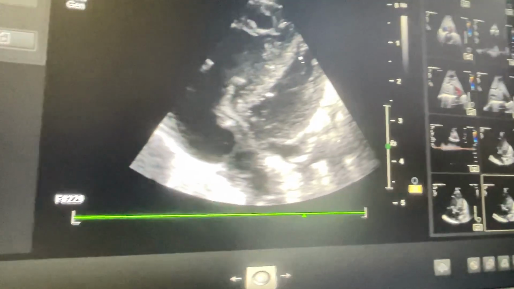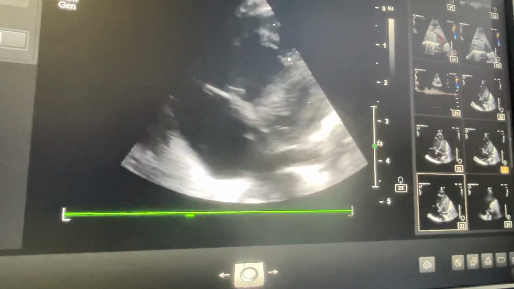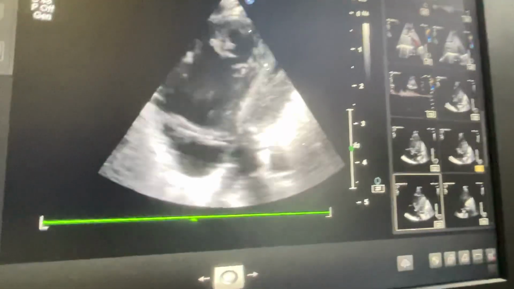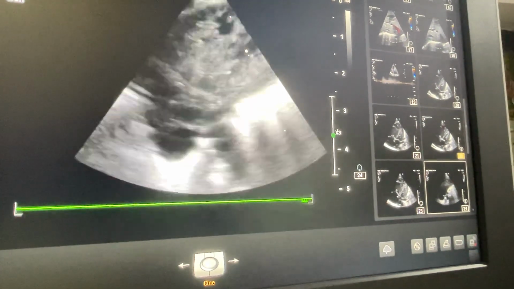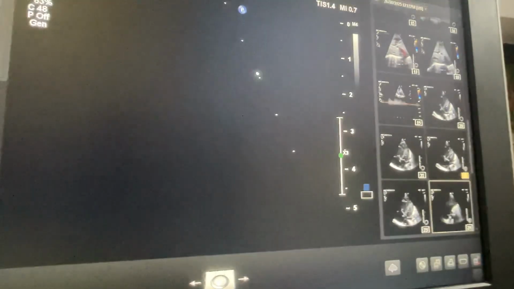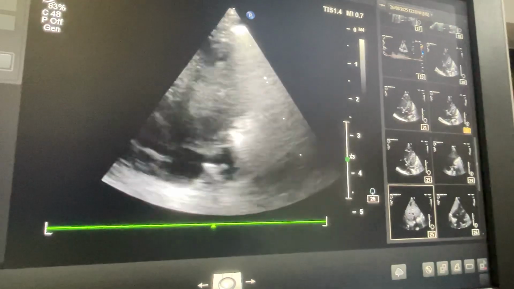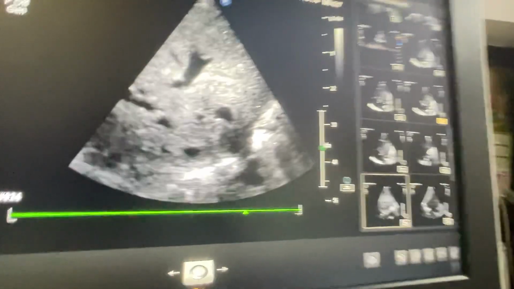Now the next image, same thing. Next image, same thing.